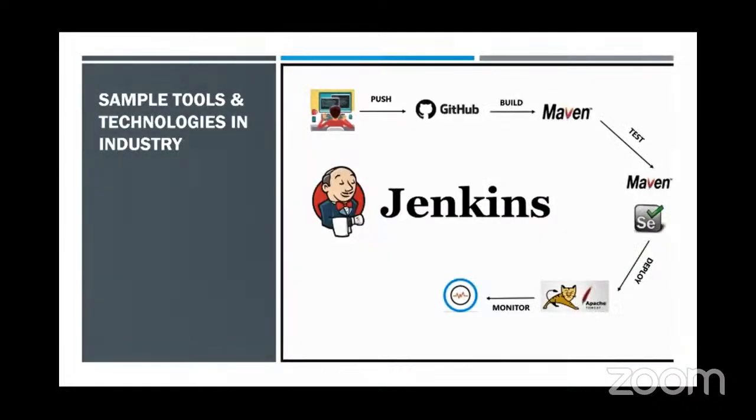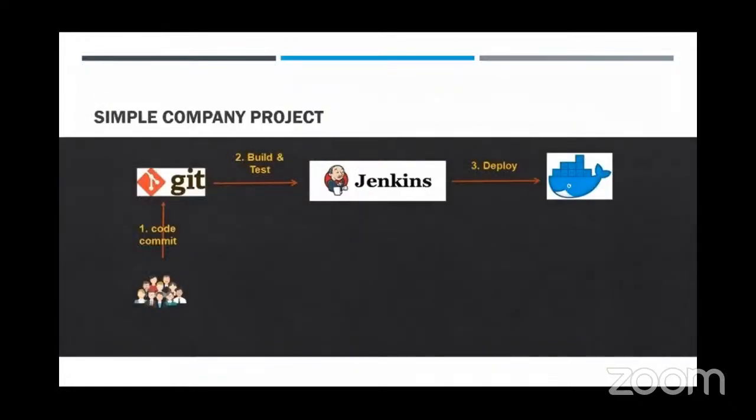These are some of the tools and technologies used in the industry for performing CI/CD, and all of this can be managed by Jenkins. Right from the time the code is pushed into GitHub and then unit tested and then integration tested and deployed onto different servers. Here we can see a simple company project, a very real life example of how CI/CD is set up usually.